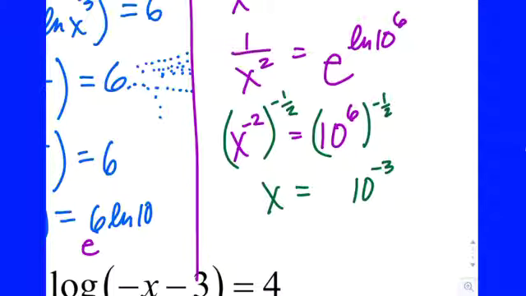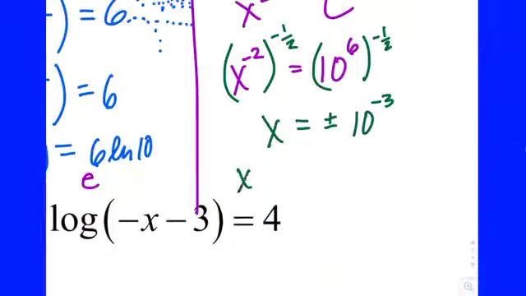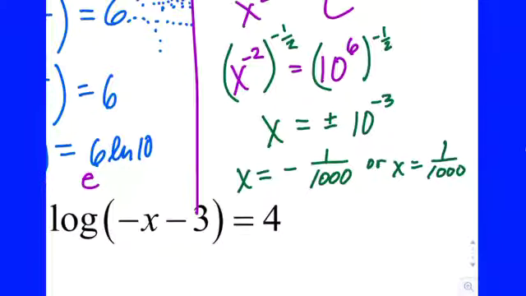Plus or minus. It didn't look like we were taking the square root, but we were raising both sides to the 1 over an even number power. So you've got to do plus or minus. Okay, so now your final answer is x equals negative 1 over 1,000. That's what 10 cubed is. Or x equals positive 1 over 1,000.